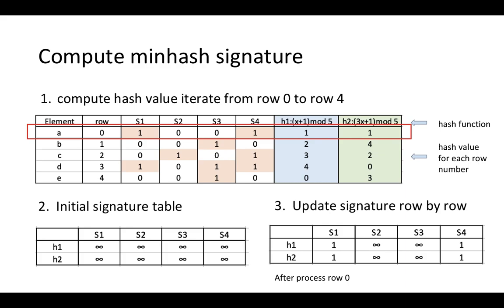Then we update the signature row by row. For row 0, the hash values are 1 and 1, and only S1 and S4 have an element in this row, so we can update the S1 and S4 signature values. 1 is less than infinity, so after processing row 0, the signature table is as shown in the table at the bottom right.